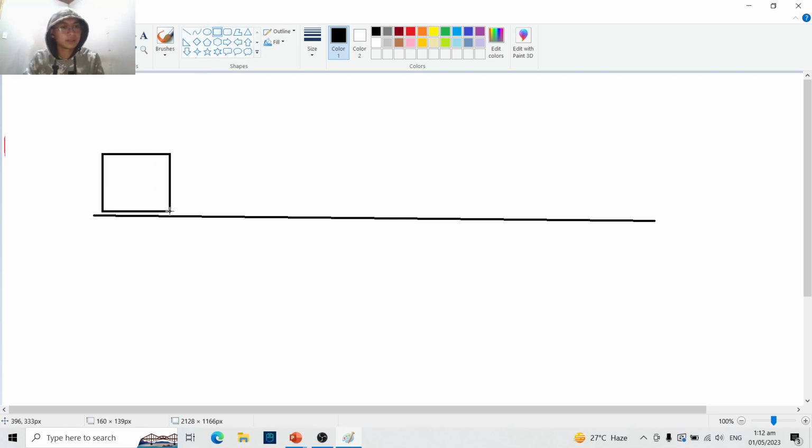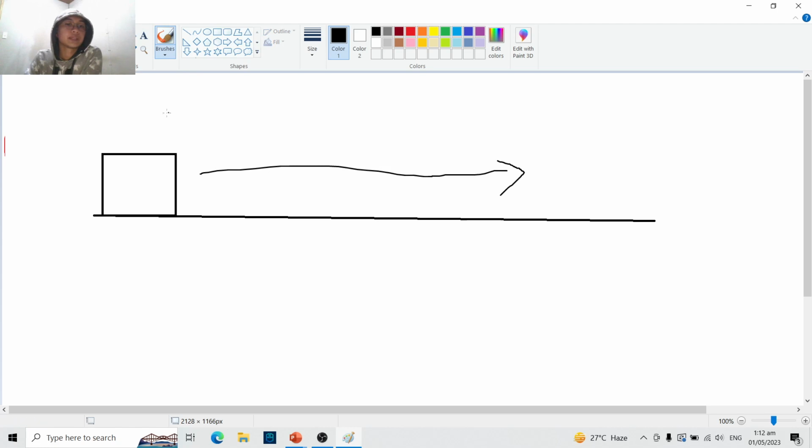The object is going to the right at a certain velocity, from an initial velocity at rest to a certain velocity. With the change of velocity, acceleration exists.